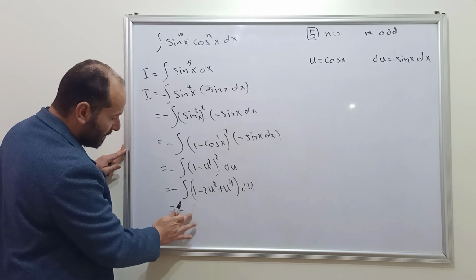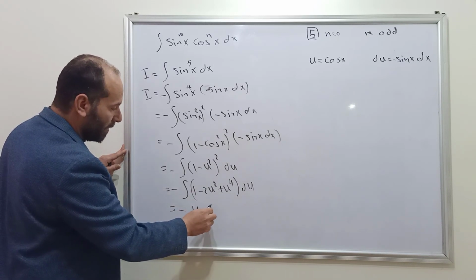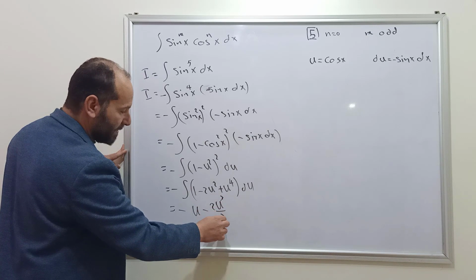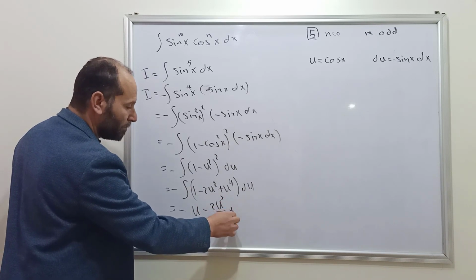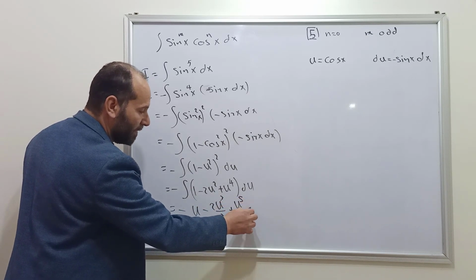We can find the integration directly: u minus 2u power 3 over 3 plus u power 5 over 5 plus c.